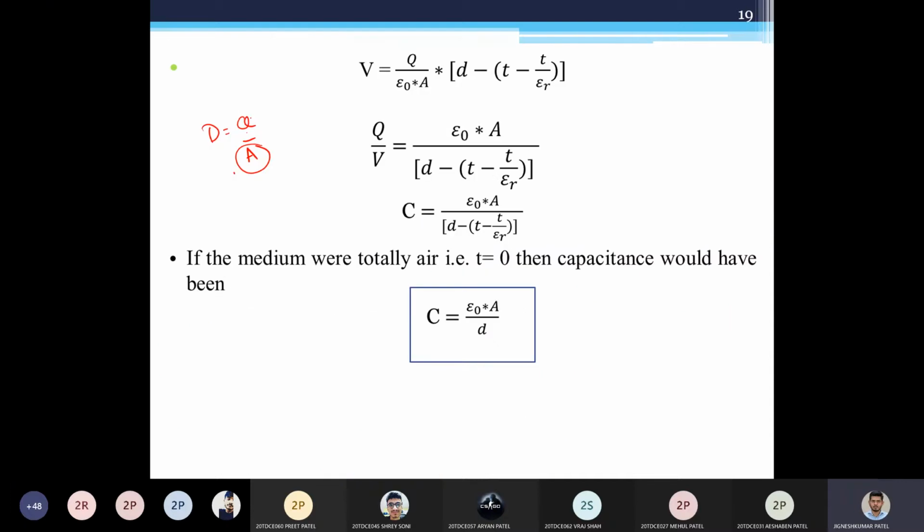That's why you will see it like this: d minus T upon epsilon r. But actually these two are inside a bracket, so keep that in mind. Whenever I open the bracket, this will become plus and this will become minus. So it is the same equation: Q upon epsilon 0 A into d minus, in bracket, T minus T upon epsilon r.